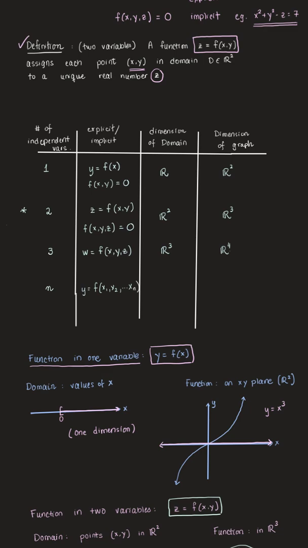If we write it implicitly, then we would have some function of x1 all the way to x sub n plus 1 equals 0. Our domain will lie in Rn, and the dimension of the graph will be in R of n plus 1. So here you can notice that the domain is 1 dimension less than where our graph will be.